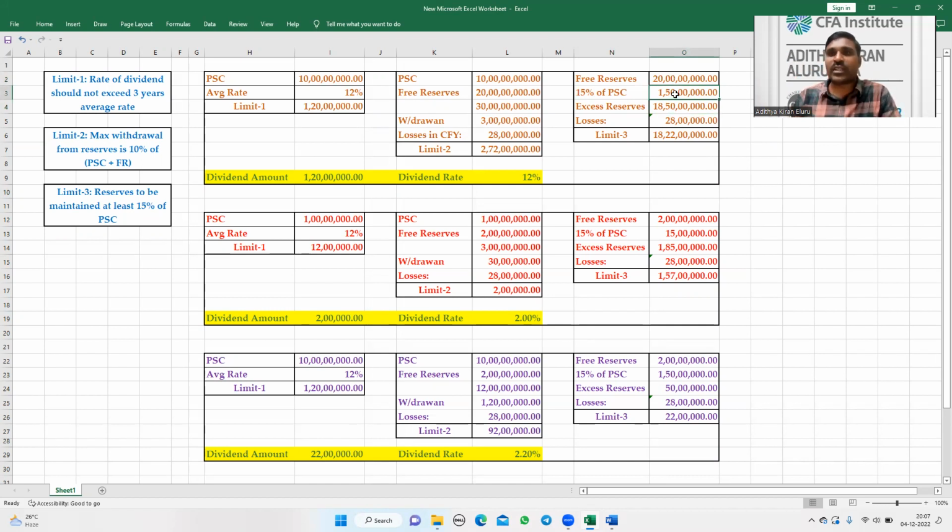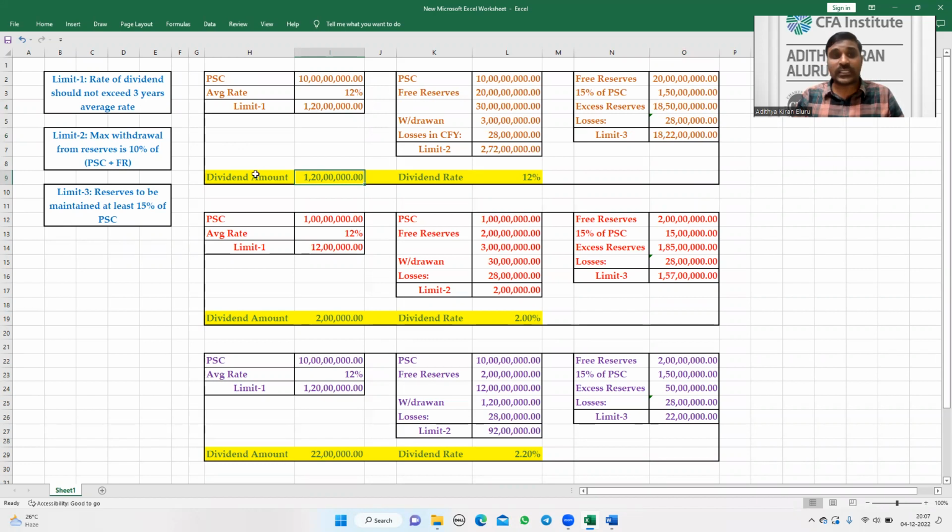Therefore, the excess, 18 crores 50 lakhs, only that much I can withdraw. Out of this, anyway I have to set off the losses of 28 lakhs. The remaining only I can utilize, 18 crores 22 lakhs.